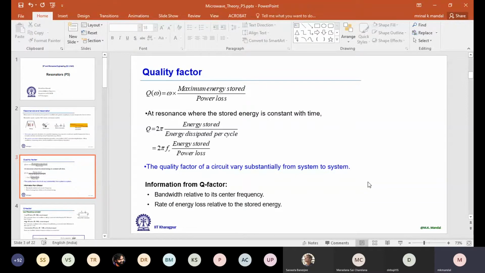Now, if I design a microstrip line resonator at 2.4 gigahertz and another one at 24 gigahertz, what do you expect? At higher frequencies, 24 gigahertz, conductor loss increases because skin depth decreases and surface resistance increases. Dielectric loss will also increase.